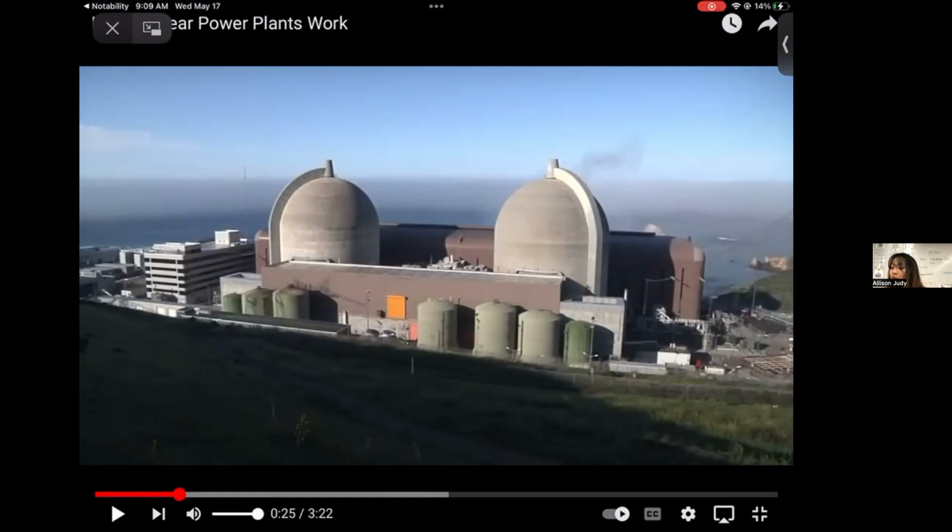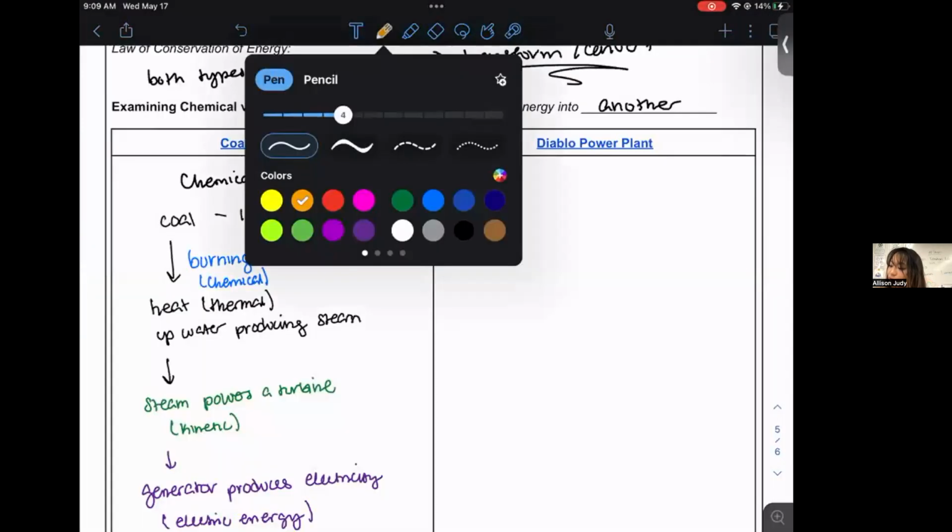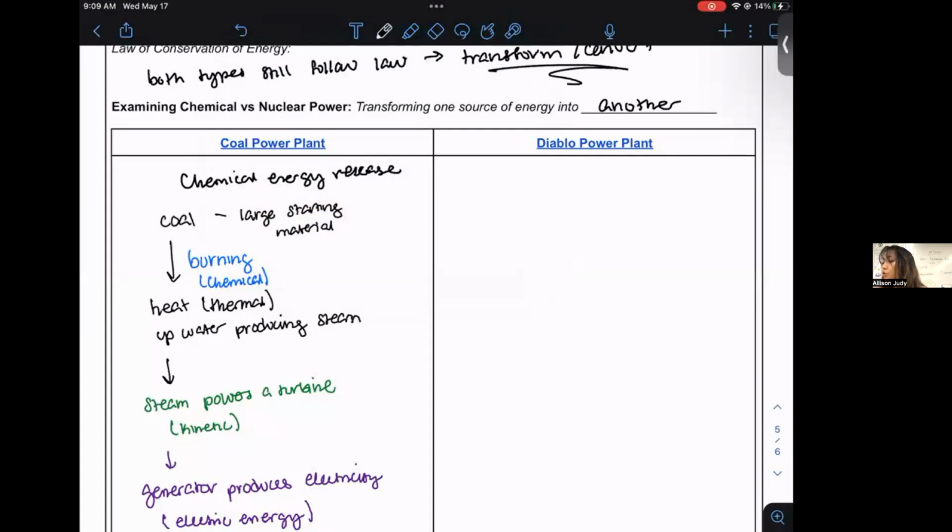So quick note, you might want to put that in your notes, which is something to consider about the difference between fossil fuel power plants and nuclear power plants. One, when you look at nuclear energy release, it is a benefit that there's no greenhouse gases.